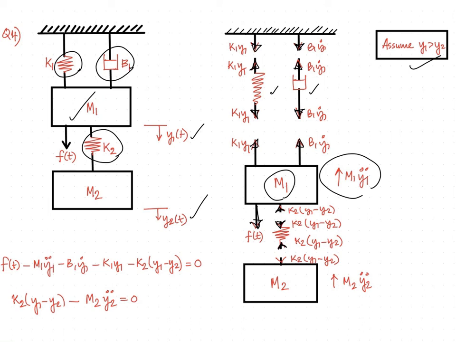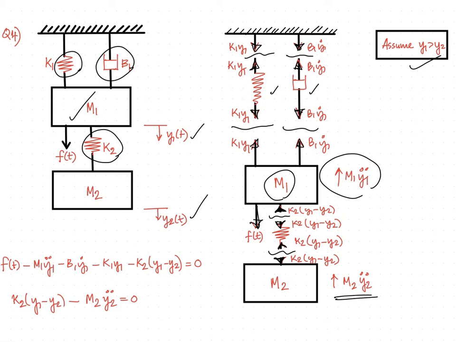So is the case for the reactive force acting on M1 due to the spring K2. It will be towards the top. As mentioned earlier, at every breaking point, the force and the reaction should get cancelled. As far as M2 is concerned, the reactive force will be towards the downward direction. Since y2 is marked towards the downward direction, the inertial force will be towards the top.